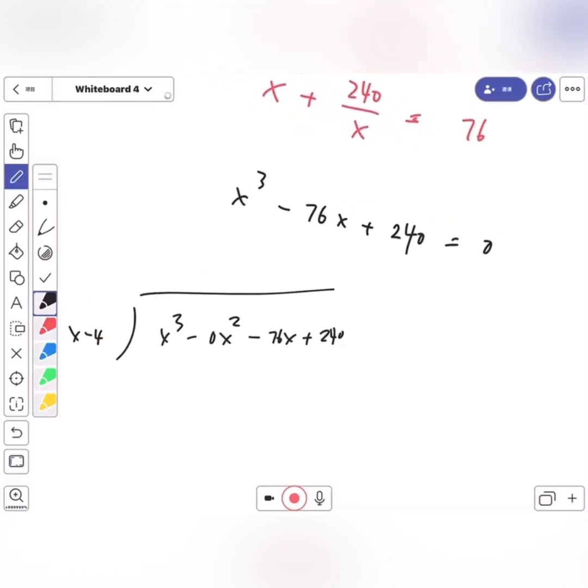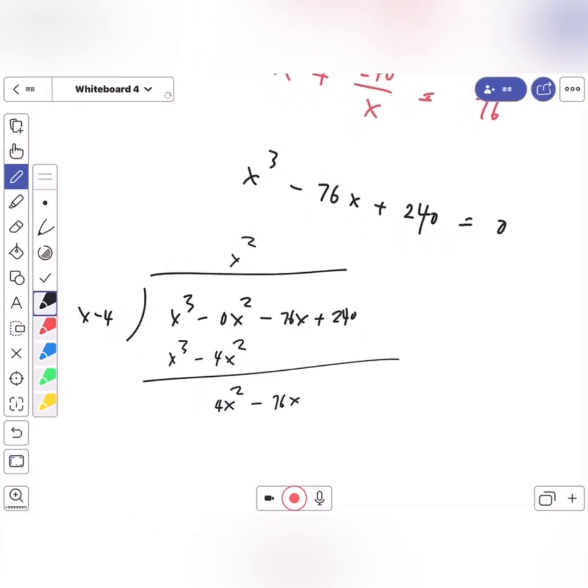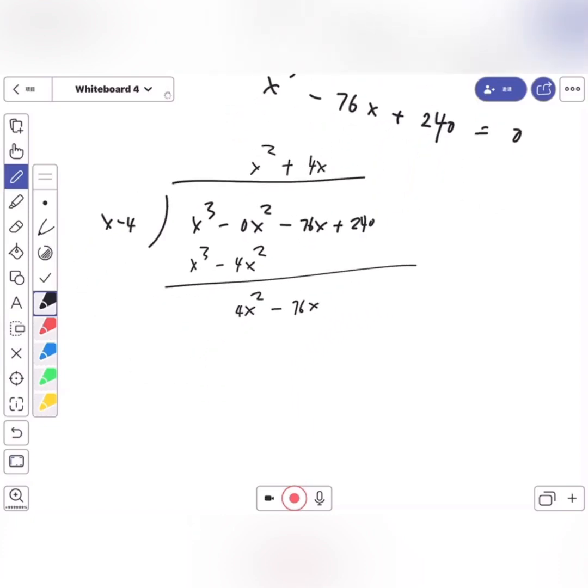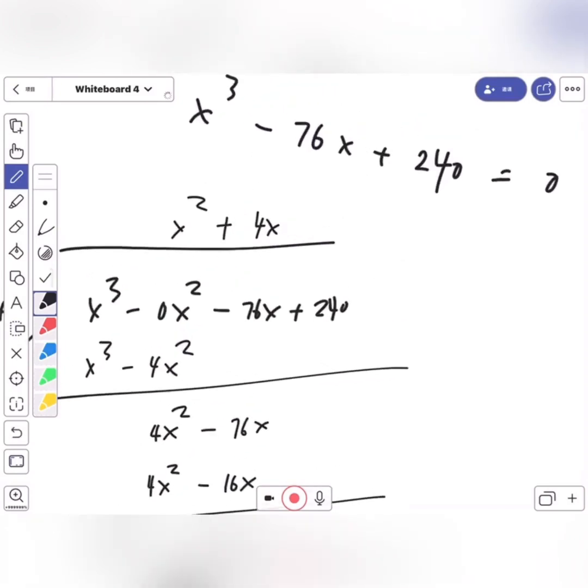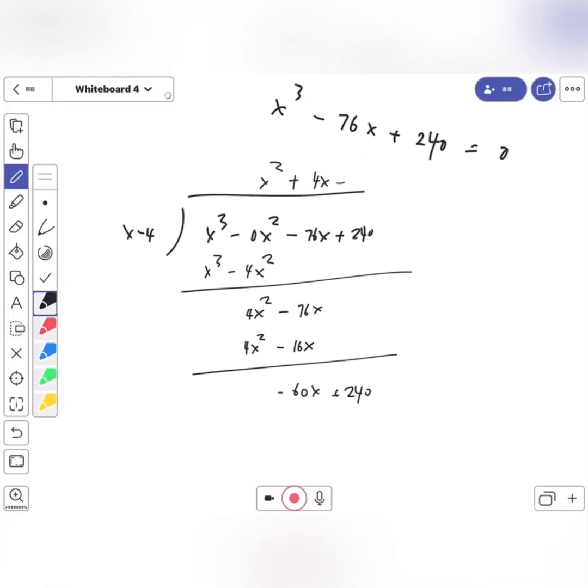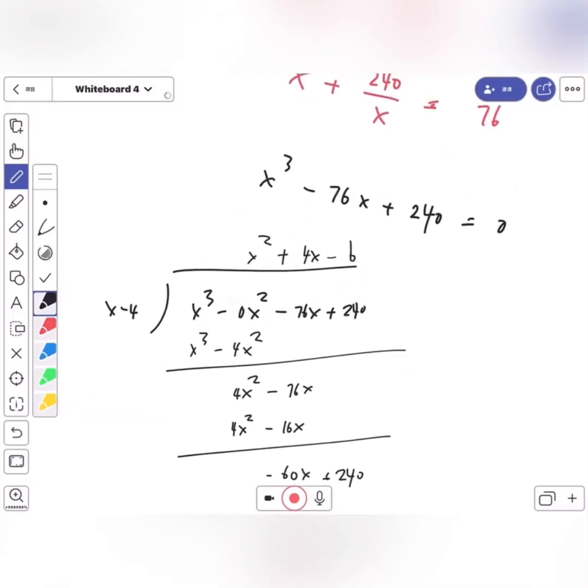That gives x squared, then 4x squared minus 76x, and then we have 4x squared minus 16x, minus 60x plus 240, and that would give us minus 60.